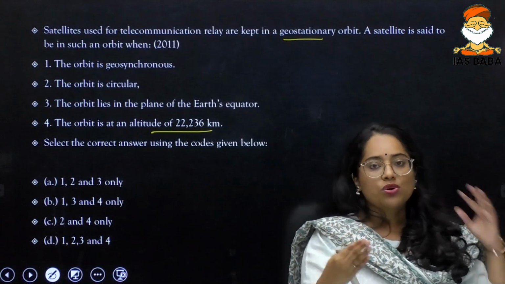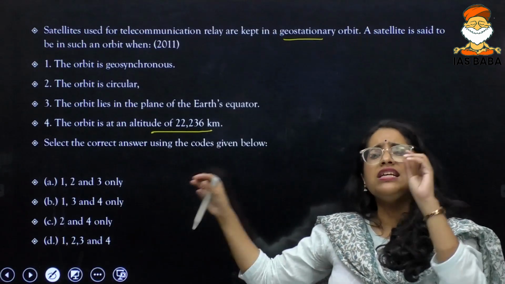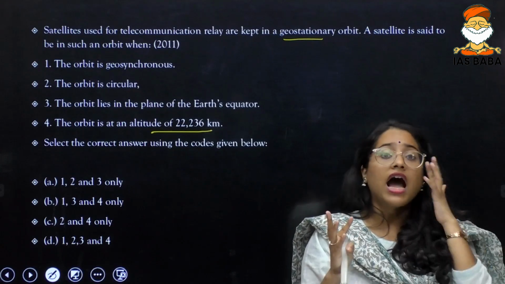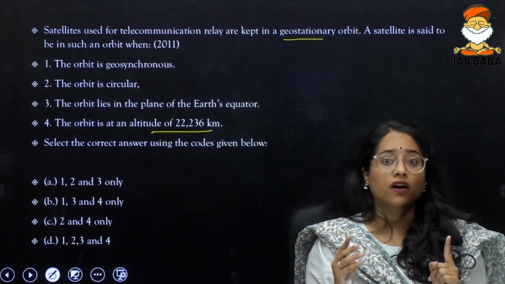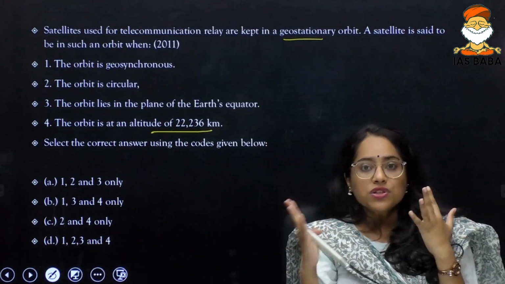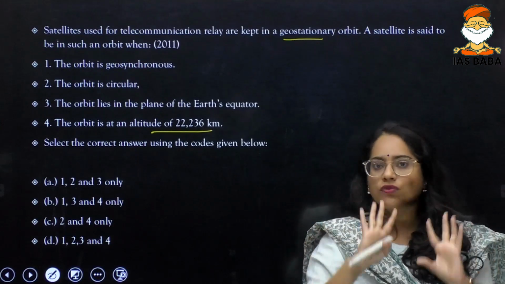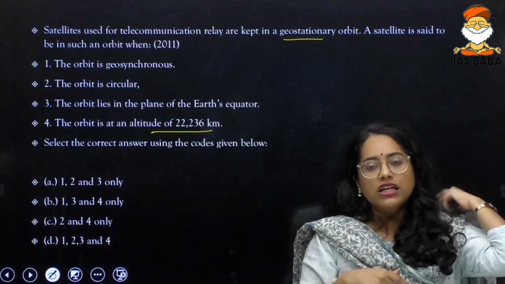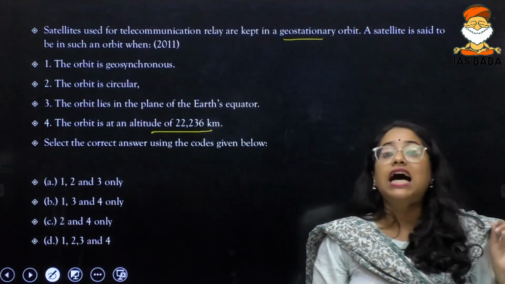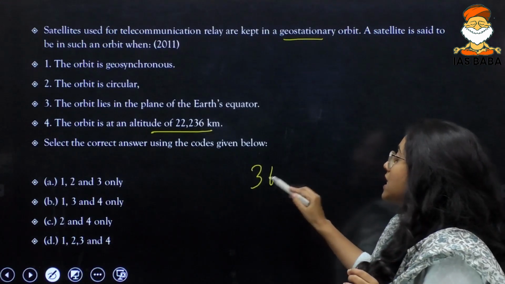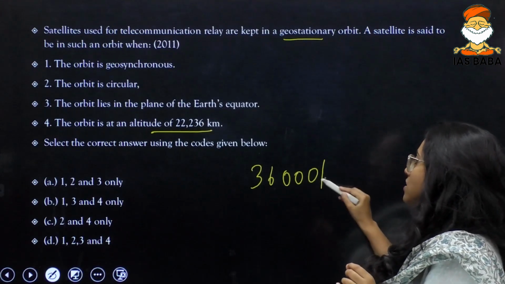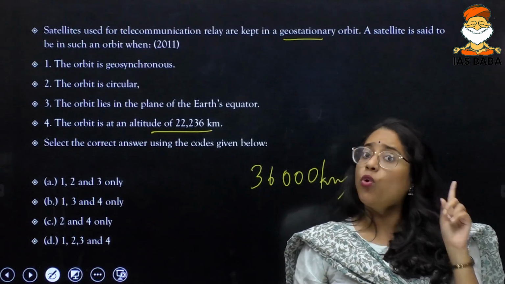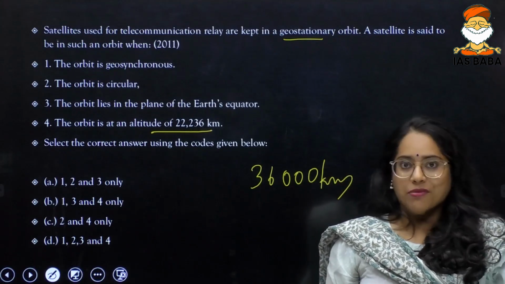I'll just let you in on something. This is something I'll teach you also, but this question is very simple, to the point that I just have to know one thing here. Geostationary or geosynchronous orbits, when it has geo involved in it, ideally is at a height of 36,000 kilometers from the Earth's surface. That means I know one thing and only one thing about them.